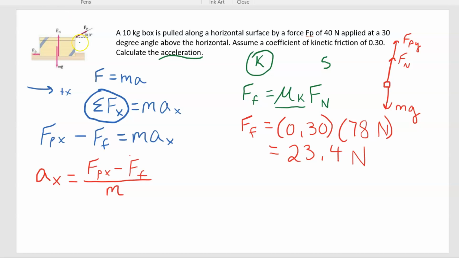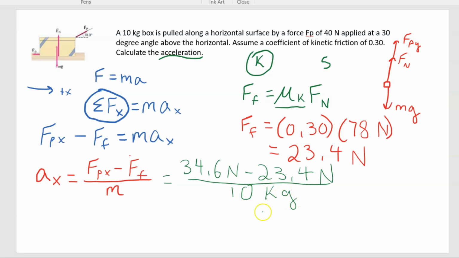So we can plug in some numbers and finally solve for our acceleration. We had our component in the x direction we found very early in the problem, probably feels like a long time ago, was 34.6 newtons, minus the force of friction that we just calculated, 23.4 newtons, all of this divided by the mass of 10 kilograms.